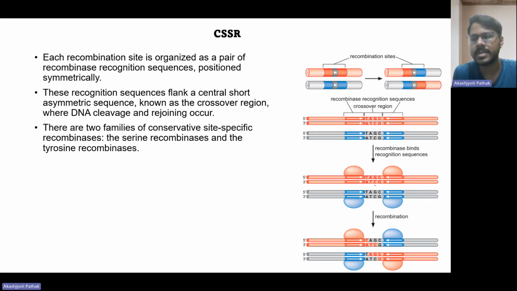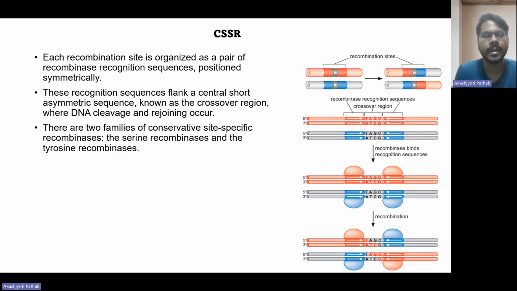So in place of this AGC, you are getting this AGC from the other chromosome. Okay. Similarly, the other DNA strand, through this process, the genetic materials are getting exchanged.